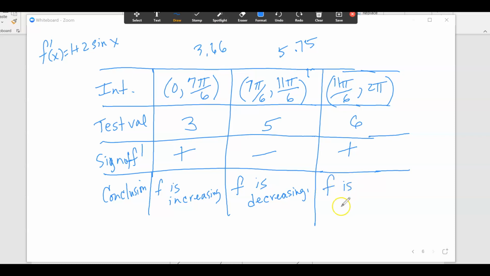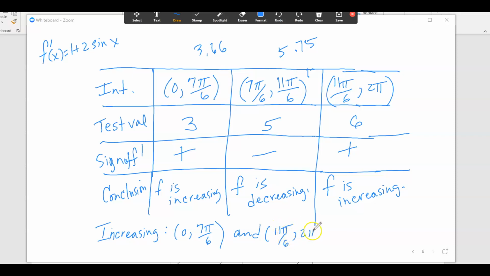So our function is increasing. So we know that it's increasing on the interval from 0 to 7 pi over 6, and it's increasing on the interval from 11 pi over 6 to 2 pi. It's decreasing on the interval from 7 pi over 6 to 11 pi over 6.